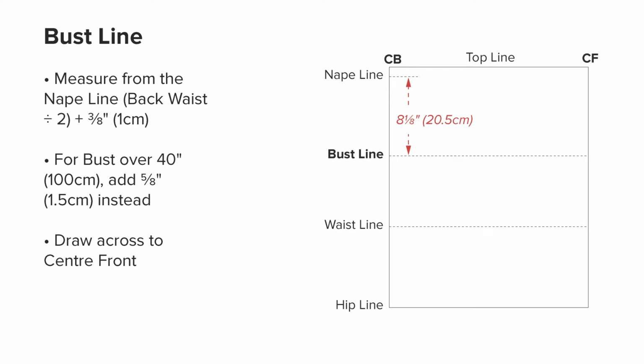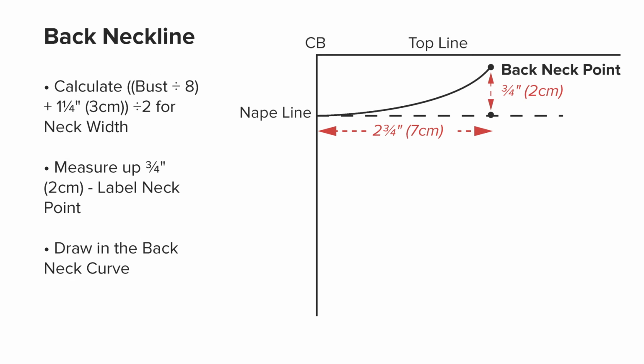Measure down from the nape the half back waist measurement plus 3/8 of an inch, 1 centimetre. For bust over 40 inches, 100 centimeters, add 5/8 of an inch, 1.5 centimeters instead. And label bust line. Square across to CF. The bust line is also the armhole depth.